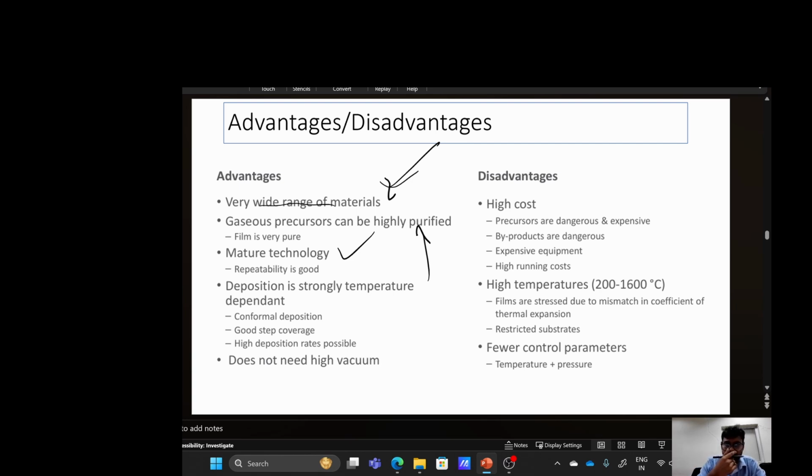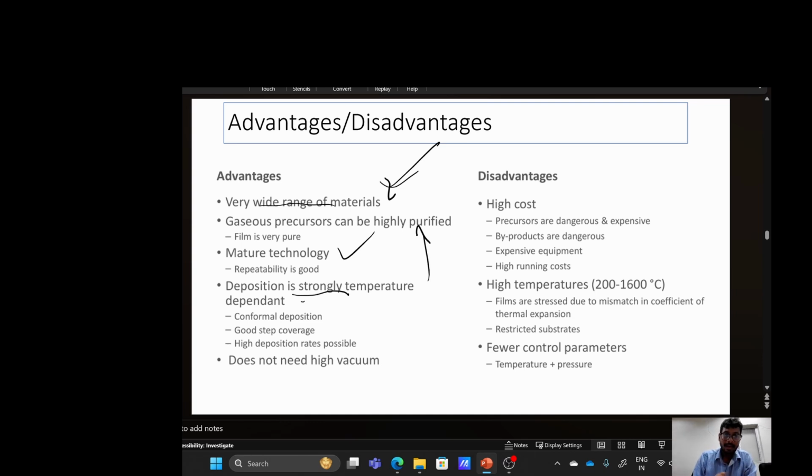This deposition is strongly dependent on temperature, in a certain temperature range. We will see in the subsequent slides where it is strongly dependent on the temperature and where it is weakly dependent, and how we can tune that with different processes like low pressure CVD.